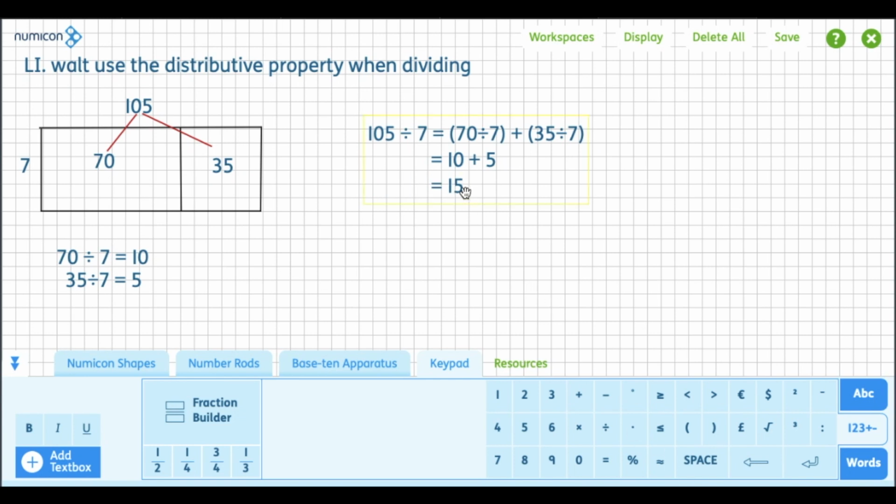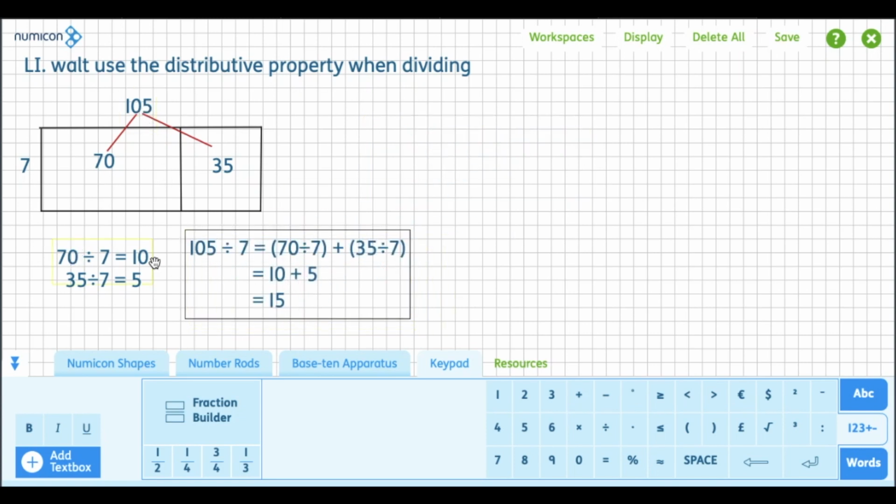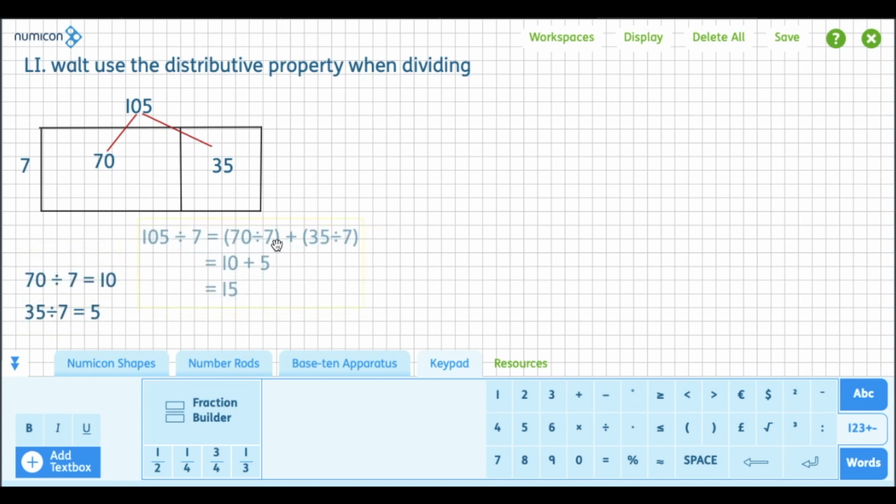Okay, so where I had 105 divided by 7, I've distributed it into smaller chunks, into a 70 and a 35, because I know that they are multiples of 7, which means that I can divide them by 7.